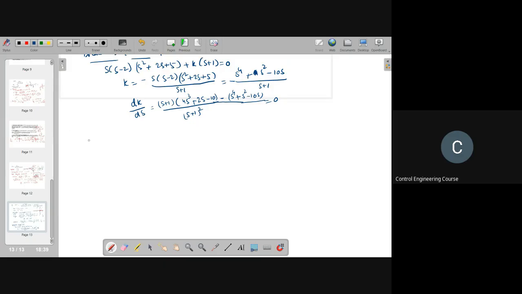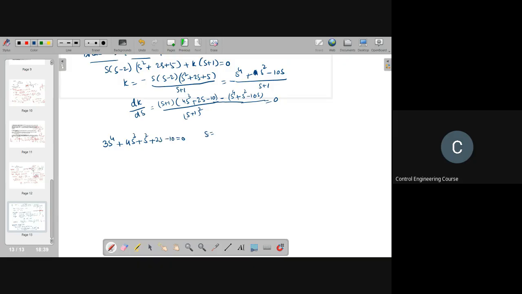Once you solve this, the characteristic equation will be like this: 4s cube plus s square plus 2s minus 10 equal to 0.